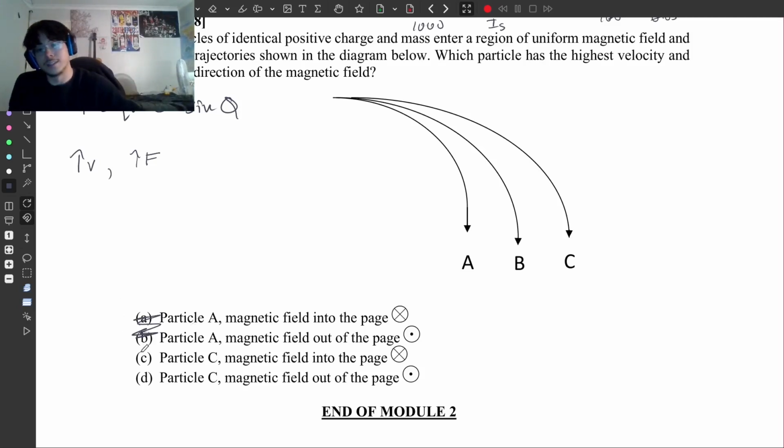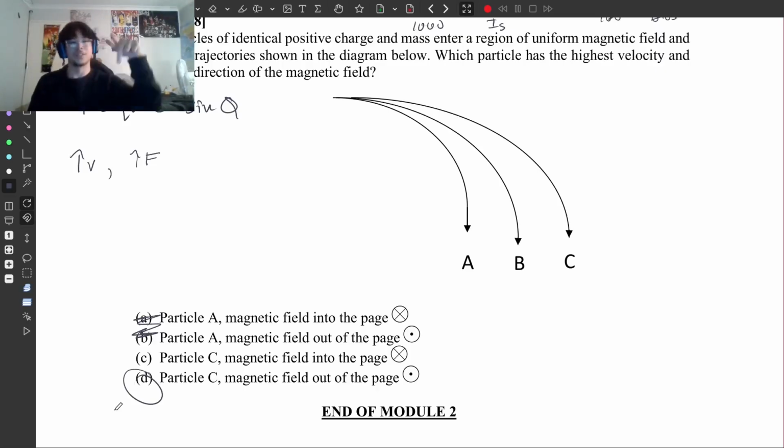So the answer is going to be C, into the page, because velocity vector this way, and my magnetic field coming out of the page, sorry, so it's coming towards me, yes, because your velocity there, magnetic field going there, and then your force will be going downwards.